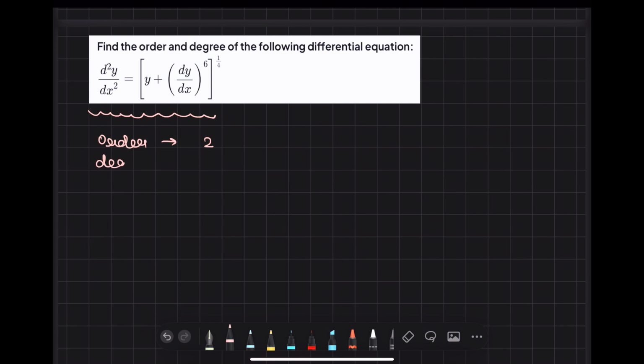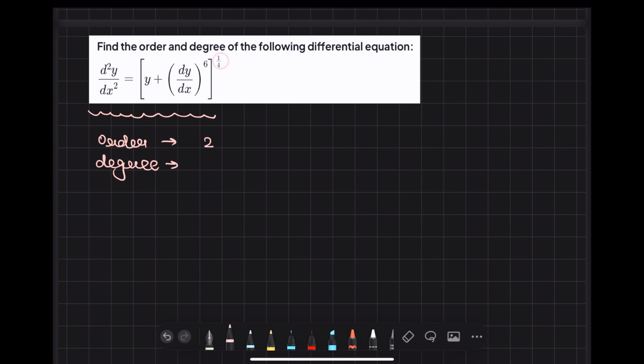Now degree. For degree you have to convert it into polynomial form. Polynomial form means the dy by dx will carry a whole number as the power. This is power 1 by 4, so it is not in polynomial form. First we will take power 4 on both sides.